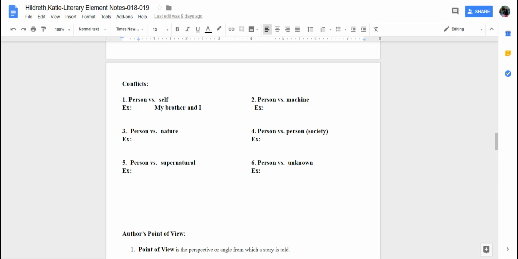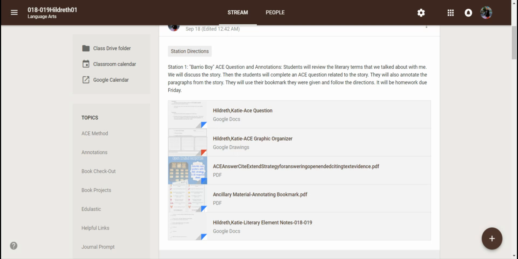So now I'm going to go back over, and if I click on the ACE question, these are the directions. It says students will answer this question and fill out the ACE graphic organizer attached to this sheet to complete the answer. So your question is, identify the major conflict in Barrio Boy and explain how Ernesto handles the conflict.